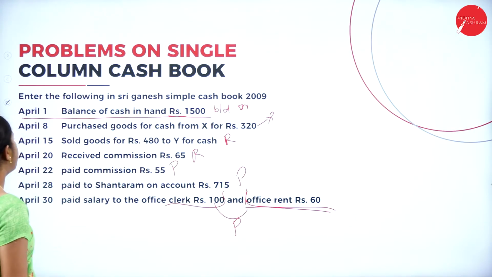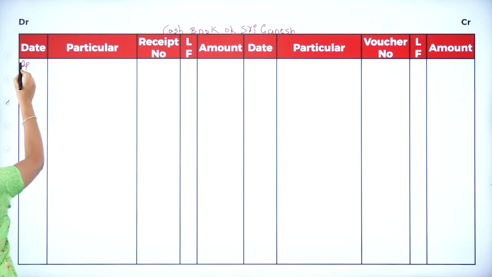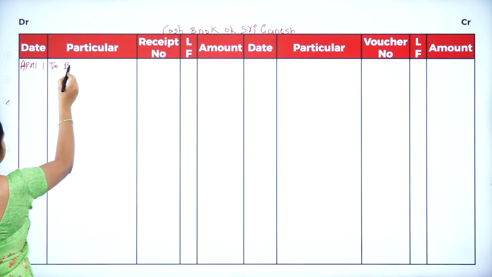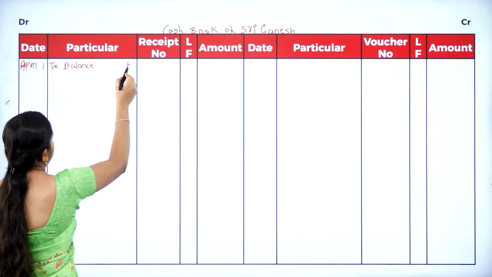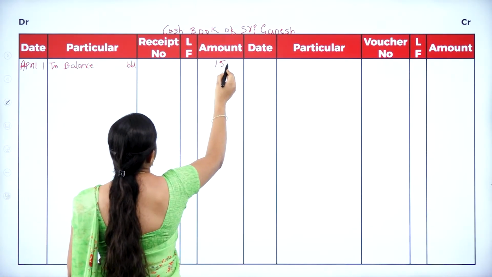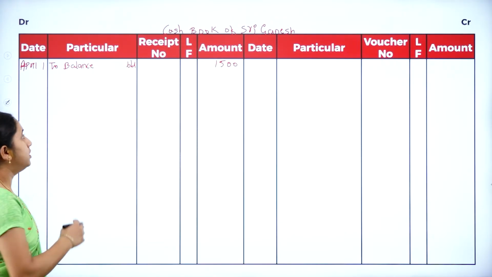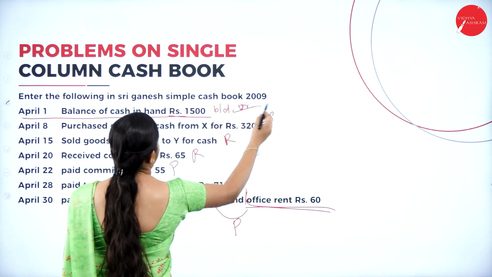So balance brought down. April 1st, to balance brought down rupees 1500. We don't have information about receipt number, so just leave it blank. Rupees 1500. This is over.